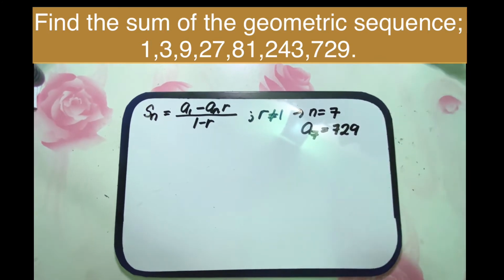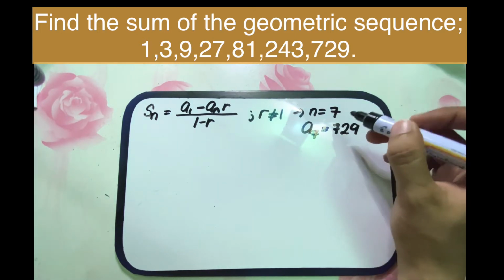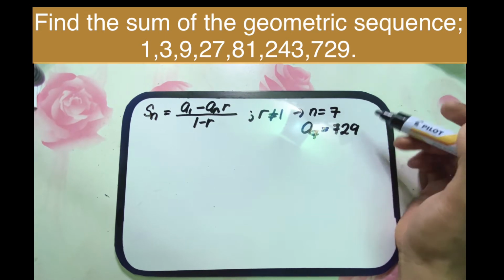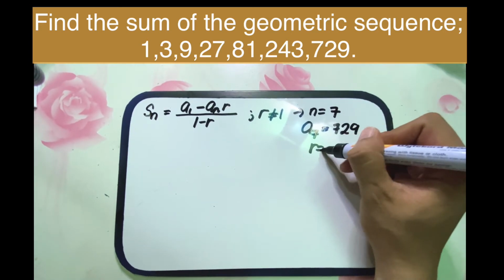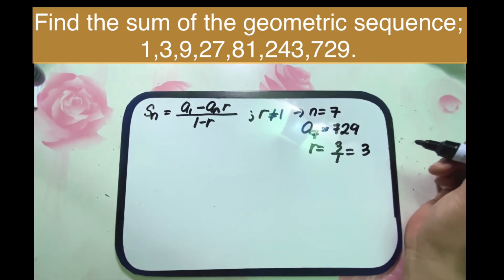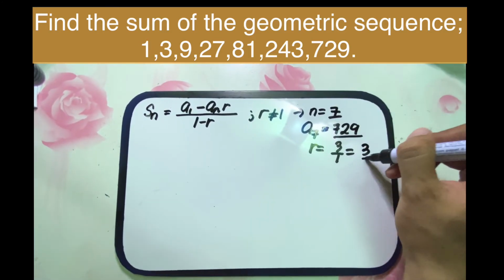And a sub 7, or the last term, is 729. Again, finite means the sequence has a limit, or we already know the last term of the given geometric sequence. So we have n equals 7, a sub 7 equals 729. Then the ratio is 3 divided by 1, so the ratio is 3. We have these three values.